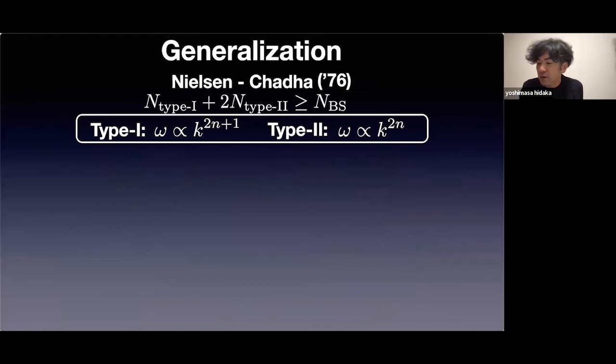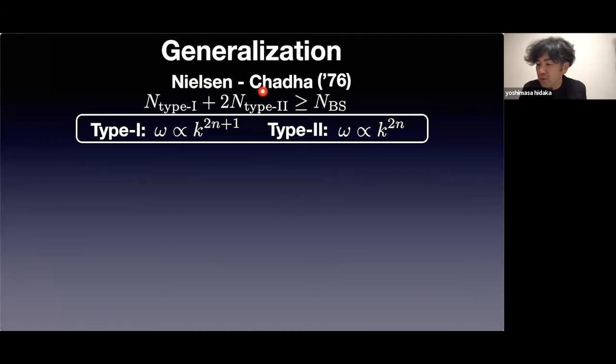Let me explain some history of the generalization. The Nambu-Goldstone theorem was developed in the 1960s, and there were some generalizations by high energy physicists. Nielsen and Chadha classified the Nambu-Goldstone modes by using the dispersion relation. We already saw that there are 2 types of dispersion relation, linear and quadratic.